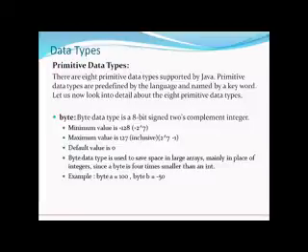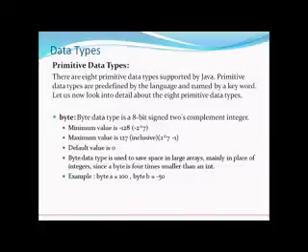Anybody who has studied any language knows that there are data types like integer, and in integer they have various subdivisions like short, long. Then there are decimals like double and float. So these are all primitive data types, and the main property of the primitive data types is that they occupy space in the stack.